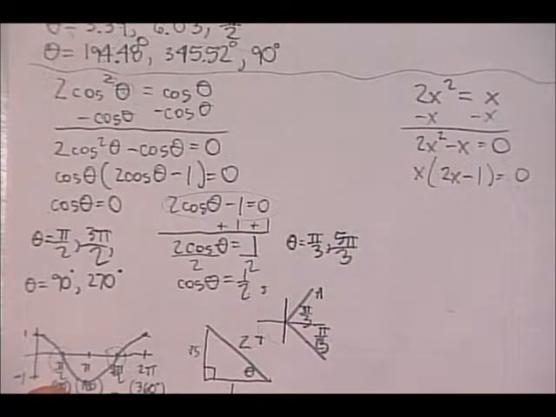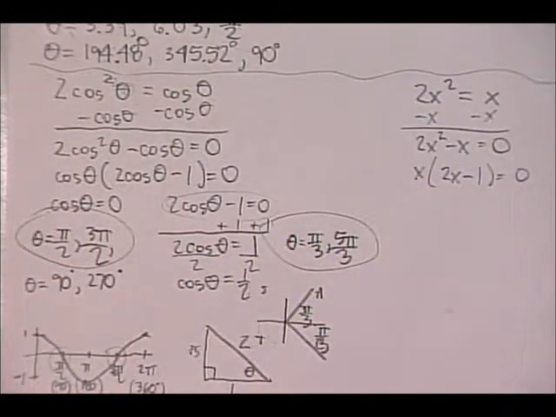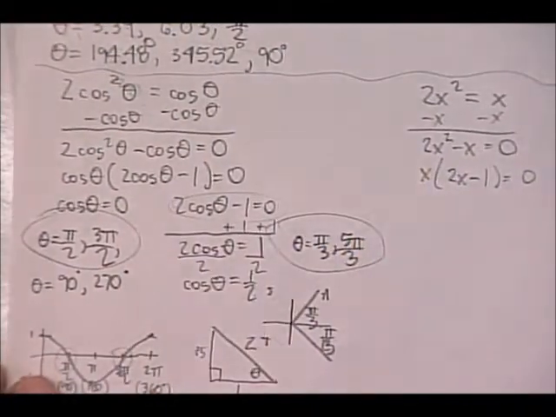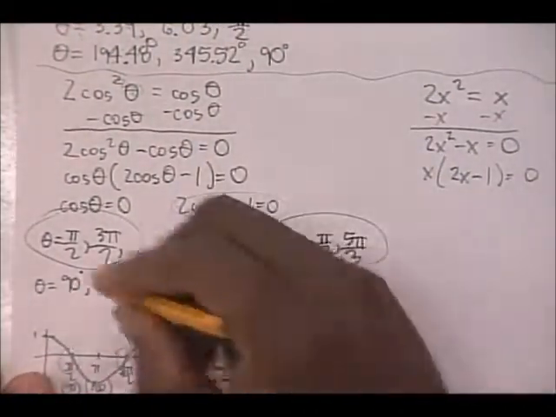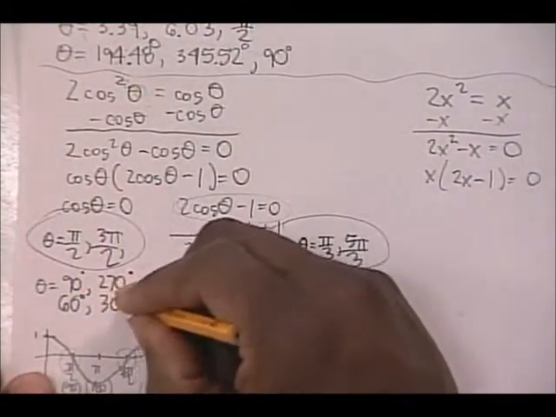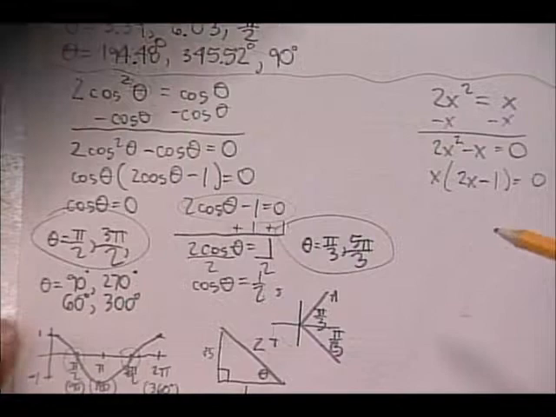So your answers would be these 2 and these 2. Another way to say pi over 3 and 5 pi over 3 in degrees would be 60 degrees and 300 degrees. All right, so 4 answers. There would be 4 answers to that problem.